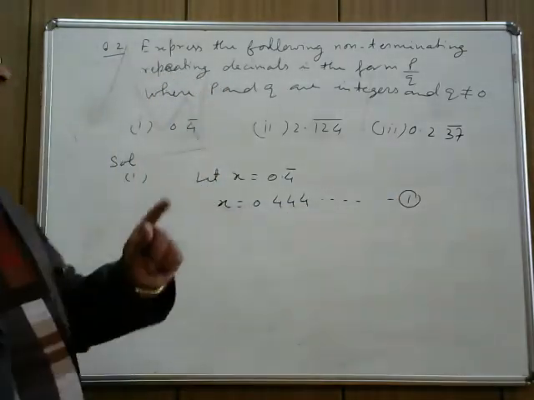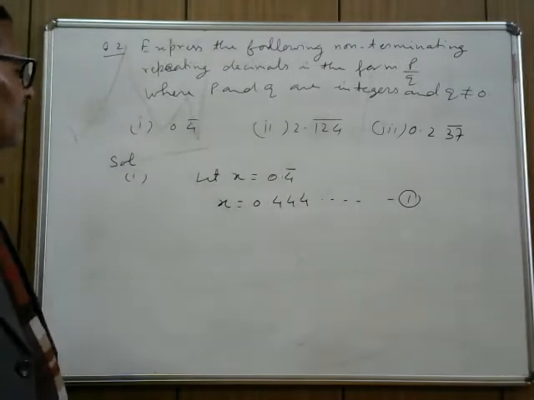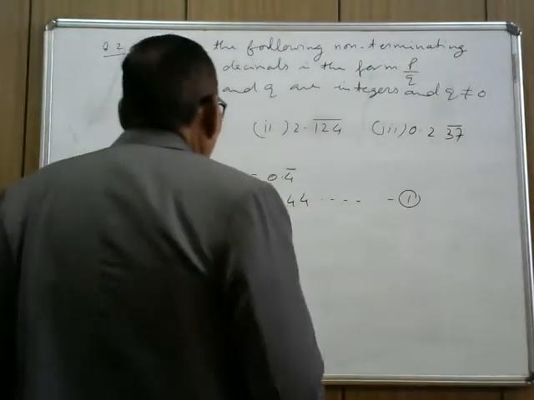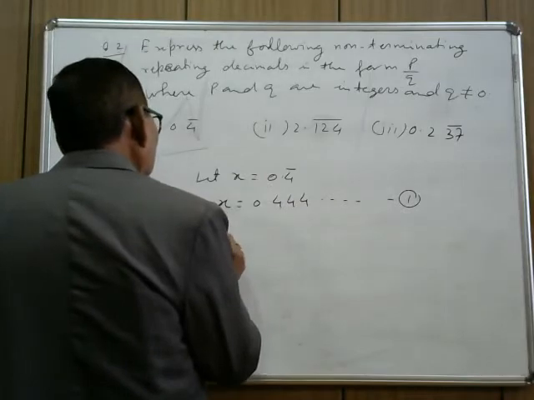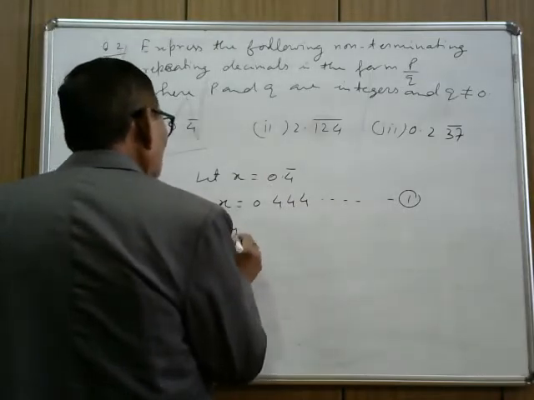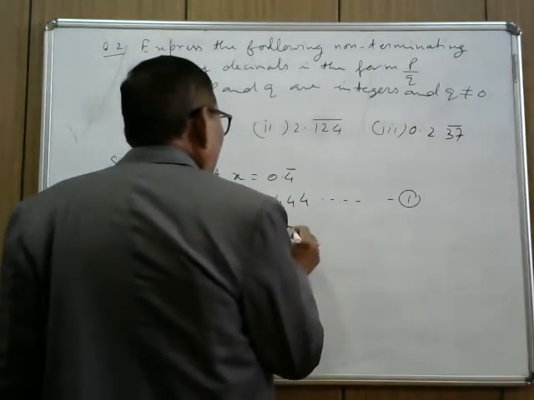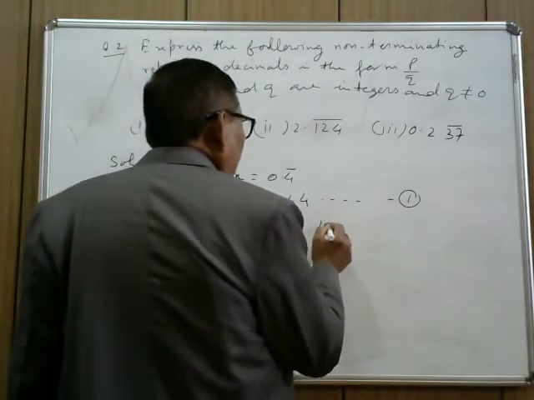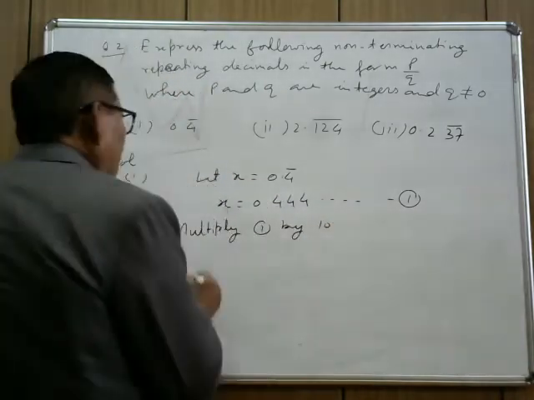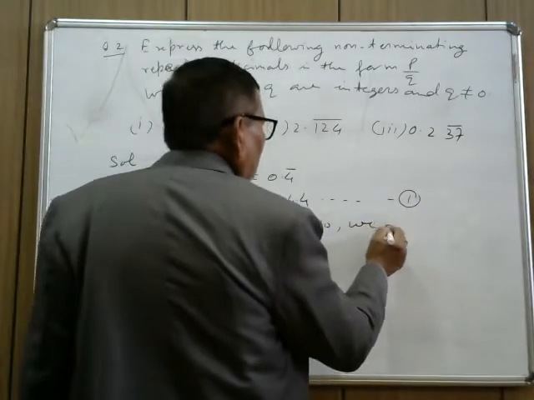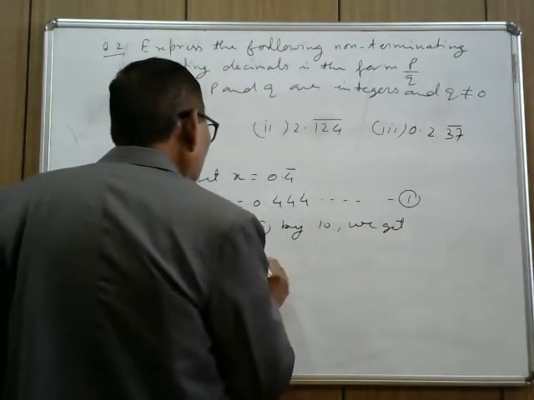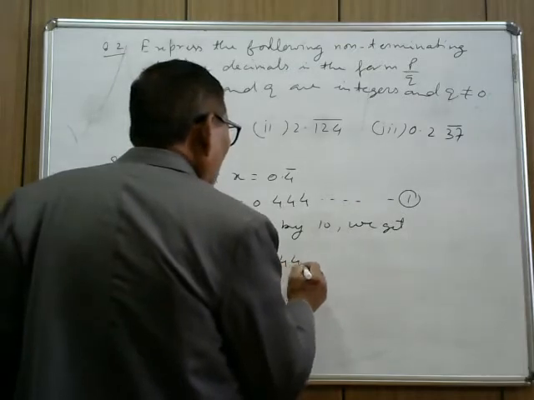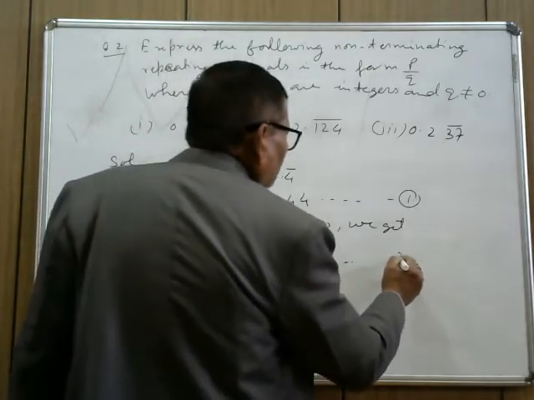Since one digit is repeating infinitely, you multiply 1 by 10. That is the rule. You get 10x is equal to 4.444 and so on. This is step 2.